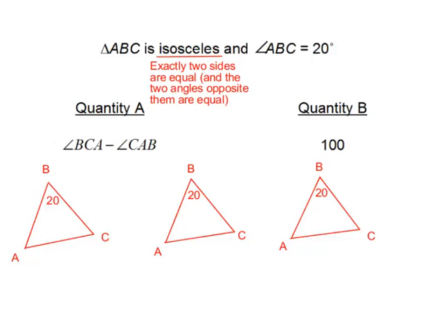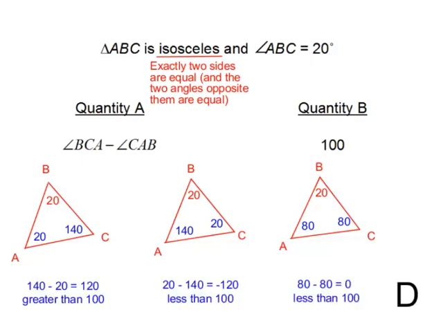And so here we've placed the 20 in there. And it's been drawn several times, and this is a good practice on paper, to get yourself thinking, how else could it look? Obviously it's not to scale, but it gives us a place to put the various angles. So it could be that angles A and B are the two that are equal, or it could be that B and C are the two that are equal. Or even A and C could be the equal ones and 20 could be the oddball.